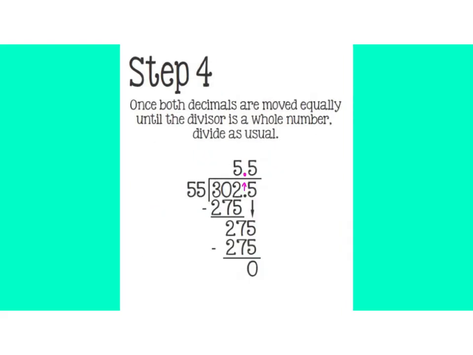The last step is to divide. Now that our divisor is a whole number and we've moved our decimal point up into our answer, we're ready to divide. When we divide 302 and 5/10 by 55, we get an answer of 5 and 5/10.